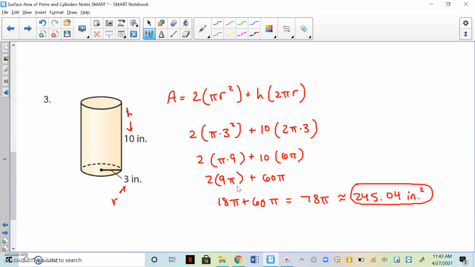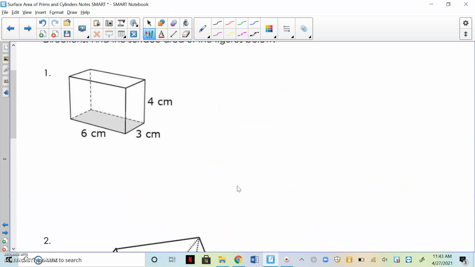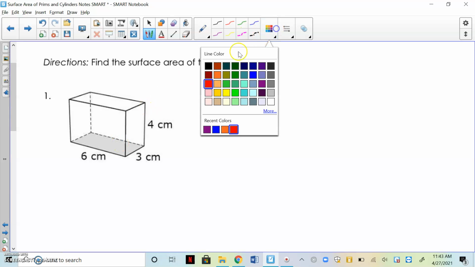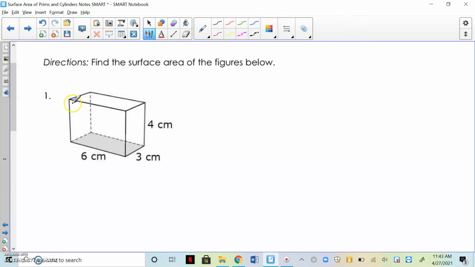All right. Let's go ahead and do this rectangular prism next, our little box here. Now this one is interesting. So for rectangular prisms, you have to add all of the faces, like all of the areas of the faces, but there's a fun trick that we can use. Hopefully, a lot of you guys are pretty familiar with boxes.